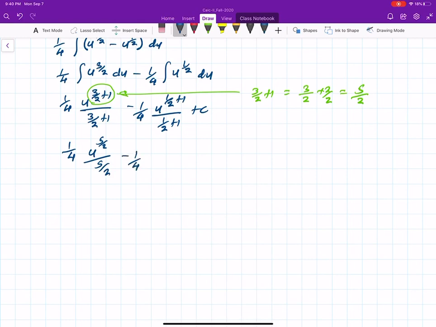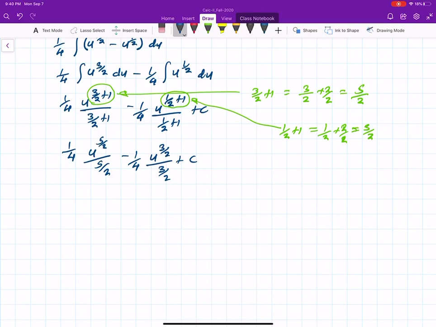Minus 1/4. What you have here is half plus 1, which is 3 over 2, so you put u to the power 3 over 2, 3 over 2 plus c.